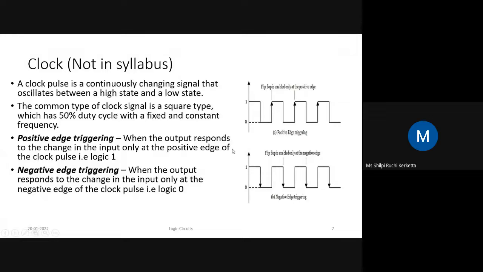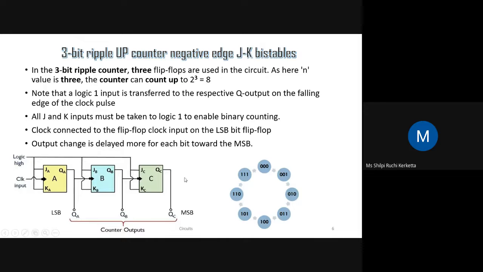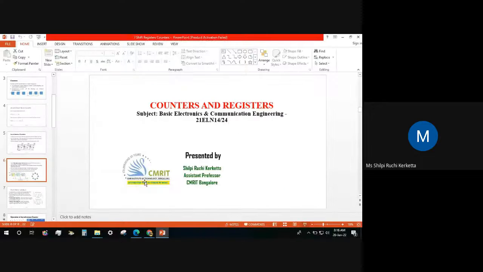Okay. So in JK flip flop, we were using this positive edge triggering, but here we will be using negative edge triggering. So this is a 3-bit up counter with negative edge JK bistable. I will first explain how we are using this JK bistable.